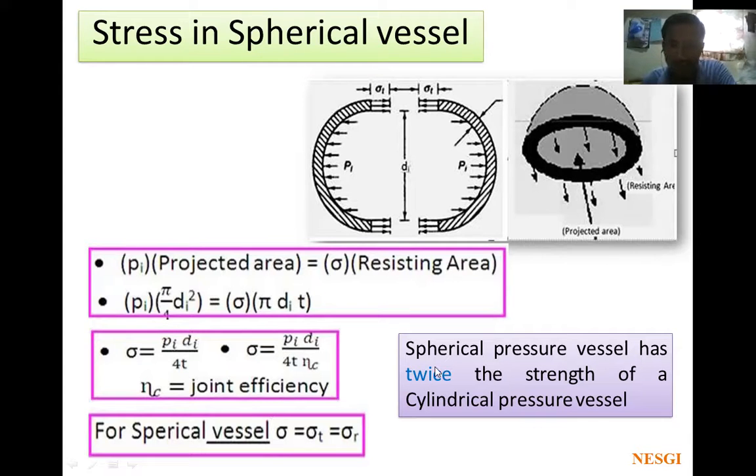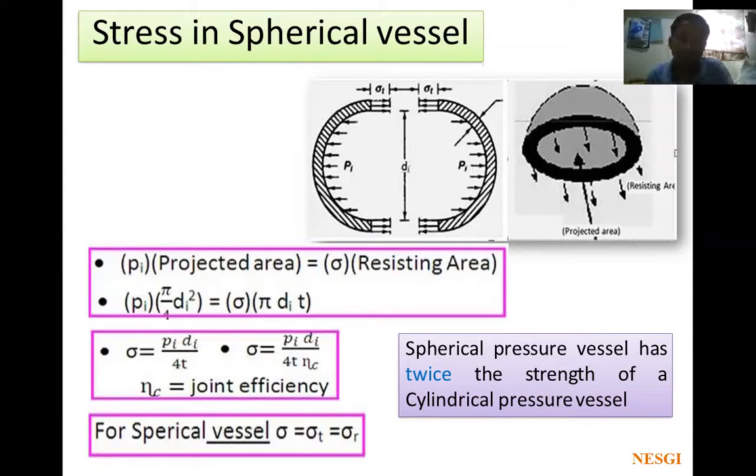A spherical pressure vessel has twice the strength of the cylindrical pressure vessel. Why? Here there is no sigma L, there is only sigma T. That means sigma T and sigma L are both equal. For a given inside pressure, the stress induced is Pi Di by 4T, which is half of the sigma T in the case of cylinders.